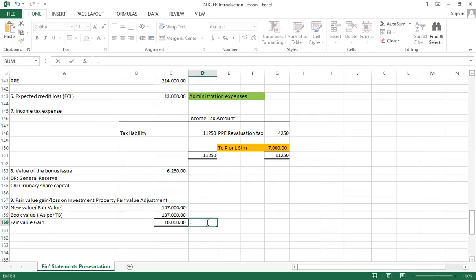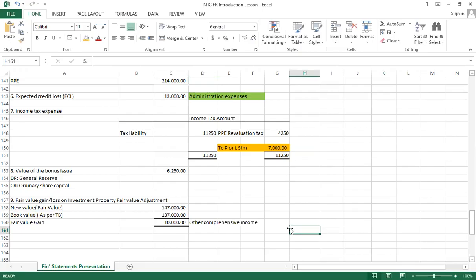And just like we said, we treat the revaluation reserve, the fair value gain will also be part of the other comprehensive income, still in the P&L.